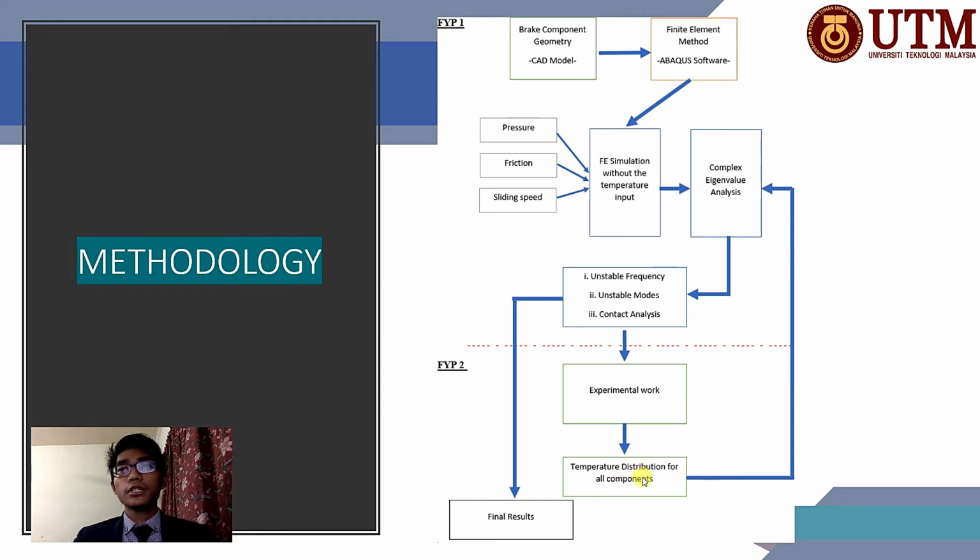The data for the temperature will be used for the finite element analysis to conduct a complex eigenvalue analysis. I want to study the unstable frequency, unstable modes, and also contact analysis with the inclusion of the temperatures. And the final results will be discussed.